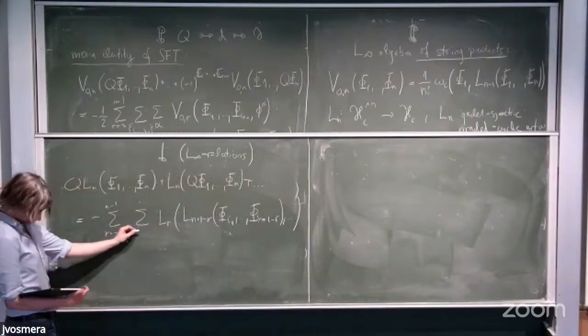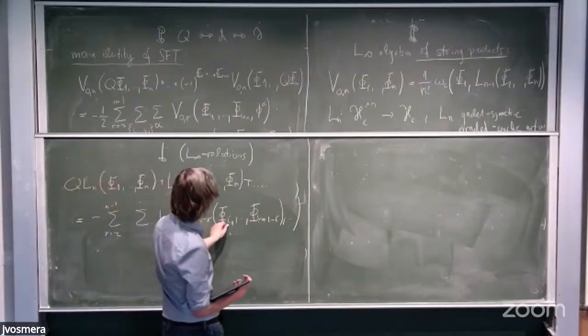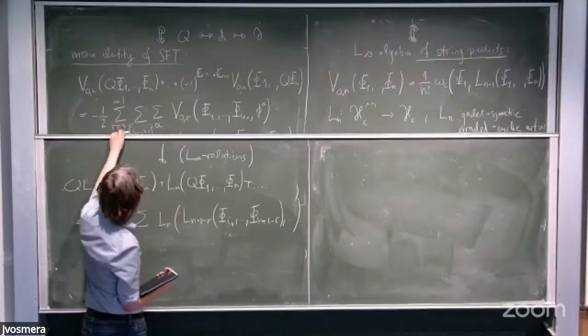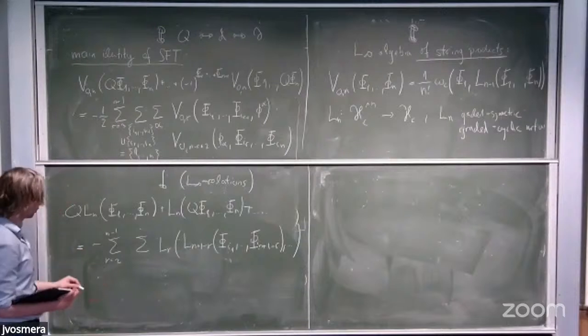Where this sum here is again this complicated sum over these i's, so that we get this disjoint union of this set 1 plus n. So let me just not write it.